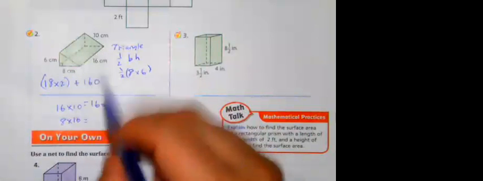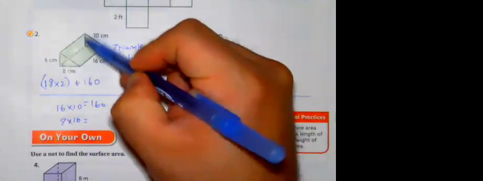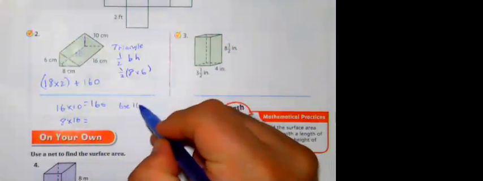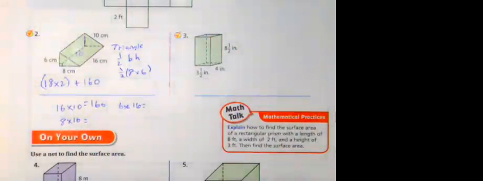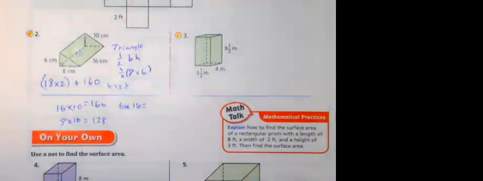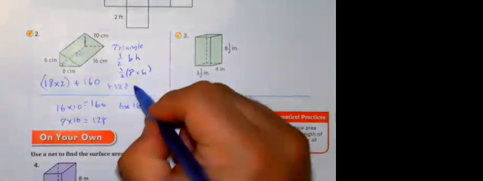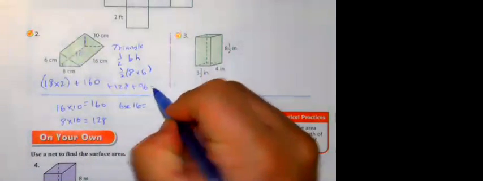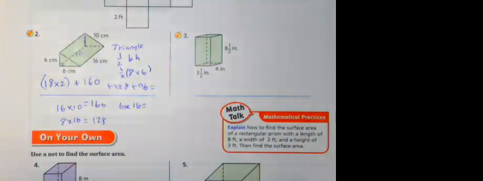This is going to be 6 times 16. So 8 times 16, 128. And 6 times 16, 96. Let's add them all together. 96 plus 128 plus 160 plus 18 plus 18.